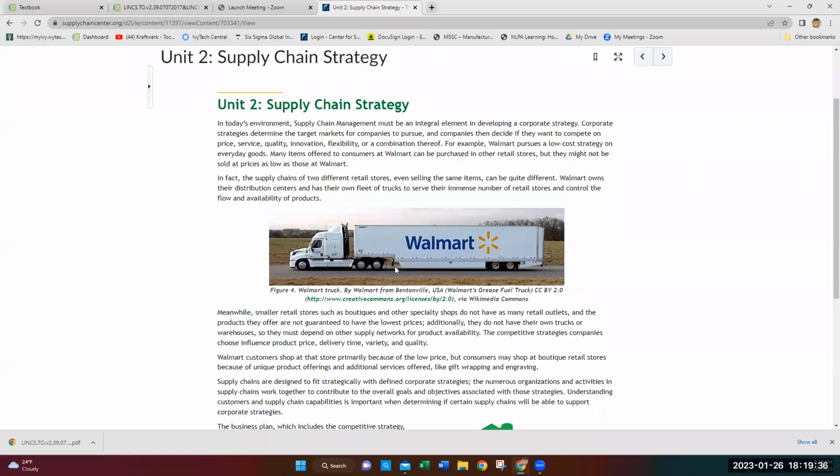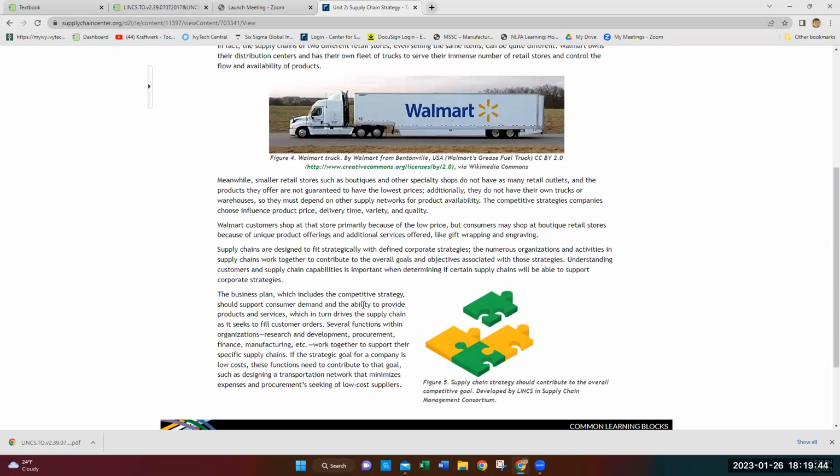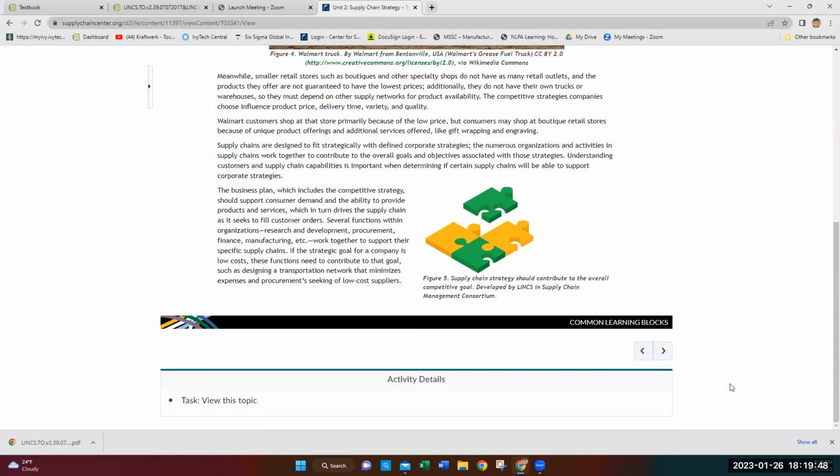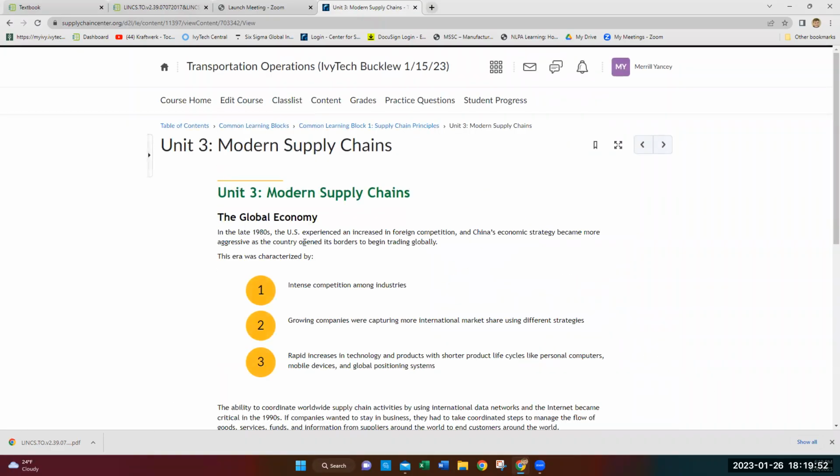Where would you put your distribution centers? Where would you put your retail sites? And so Walmart did all of the design that's currently working in Europe. So they're given the attaboy for knowing how to set it up.